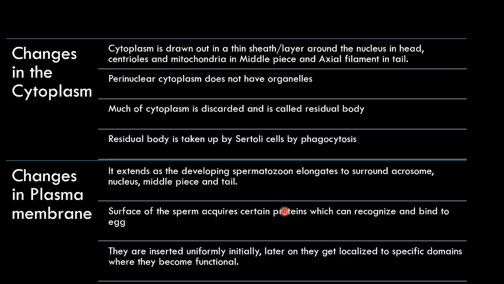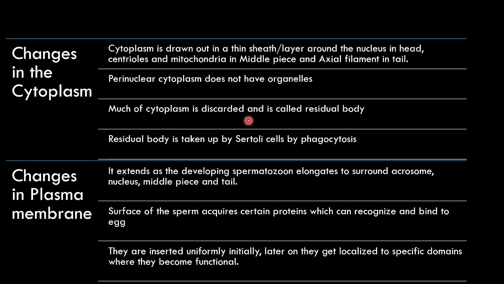Now, what are the changes that are taking place in the cytoplasm? The cytoplasm is drawn out into a thin layer around the nucleus in the head, around the centrioles and the mitochondria in the middle piece, and around the axial filament in the tail. The cytoplasm that is present around the nucleus, which is called the perinuclear cytoplasm, does not have any organelles.